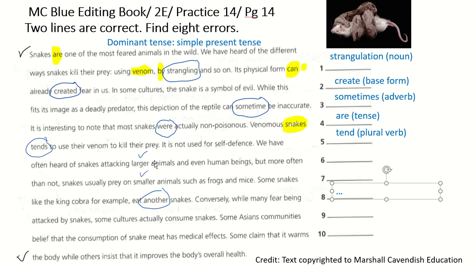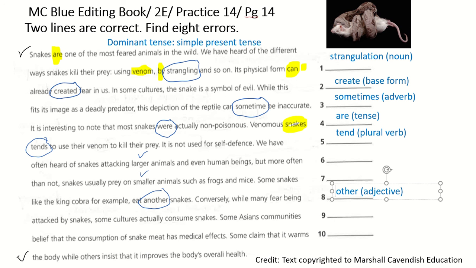If we're looking at the adjective, it should be "other", because, like I said, it's supposed to refer to other snakes in general, apart from the one that's mentioned earlier, that is the king cobra.